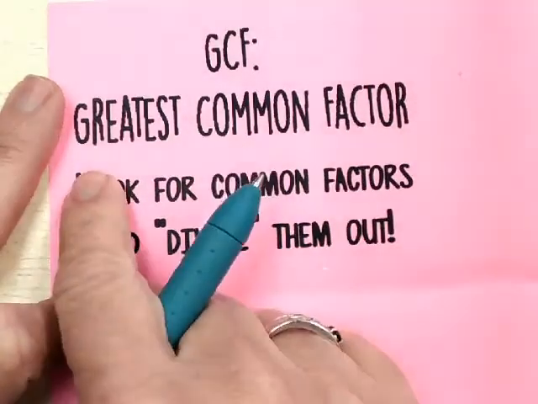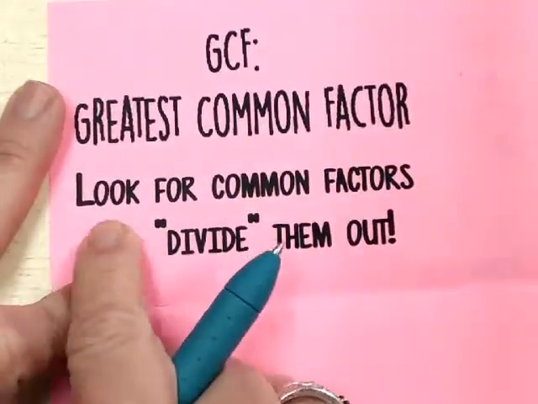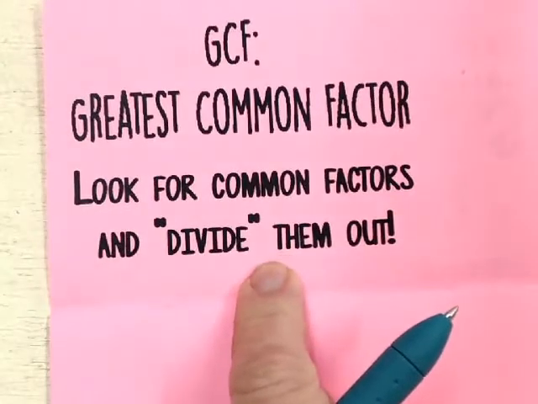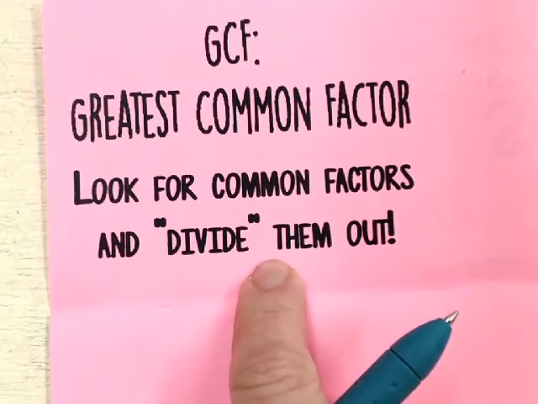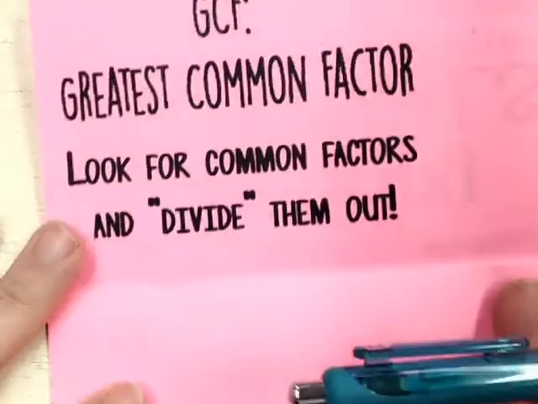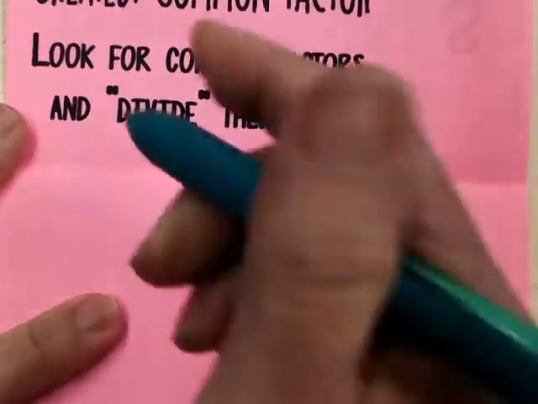That's why we call it a greatest common factor. So you're going to look for the common factors and you're going to, I say, quote, divide them out. You're going to take them out of that polynomial and write your result as a product of your GCF times whatever's left over, for lack of a better way to say it, just to keep it kind of simple for you. So this is what I'm talking about.